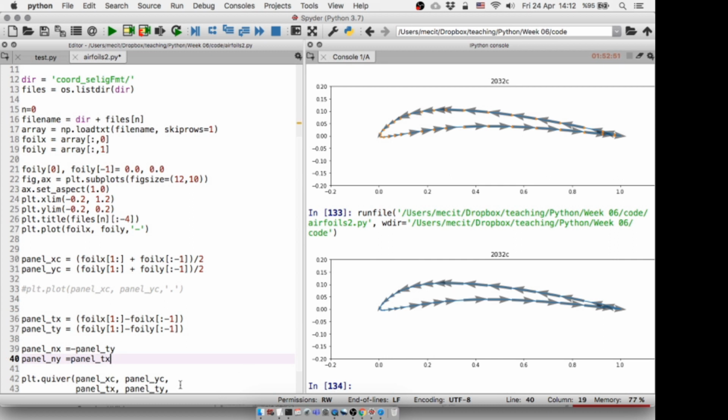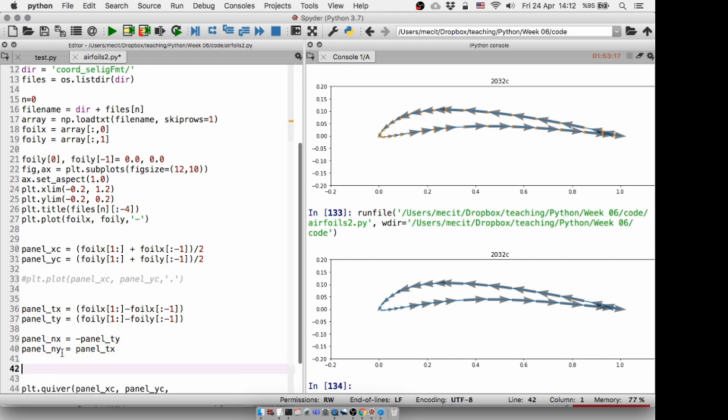So have a look at this before we move forward. If you multiply panel NX and panel TX and NY and TY, we get 0 in this case. So their dot product is 0, meaning that these are perpendicular.